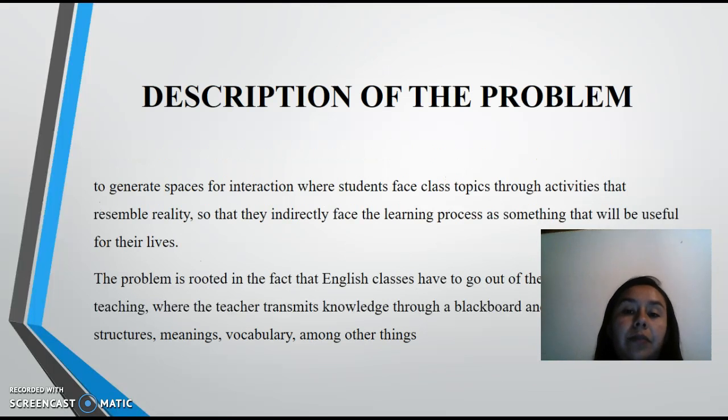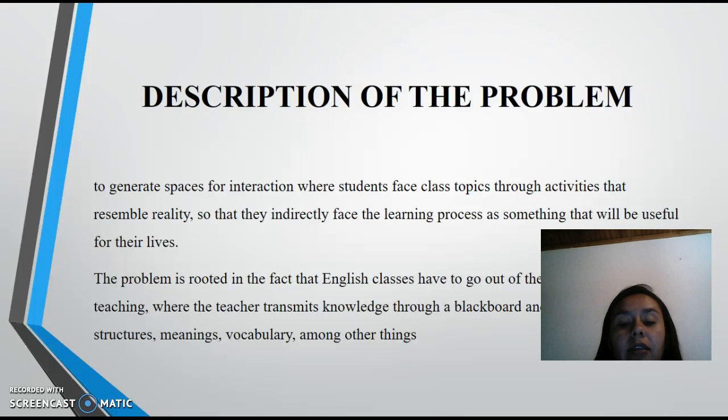Description of the problem. Educational institutions go through a period where students lose interest in learning and teachers lose interest in teaching, in the style of the traditional classes of decades ago, where the teacher transmits knowledge for hours and students take notes.